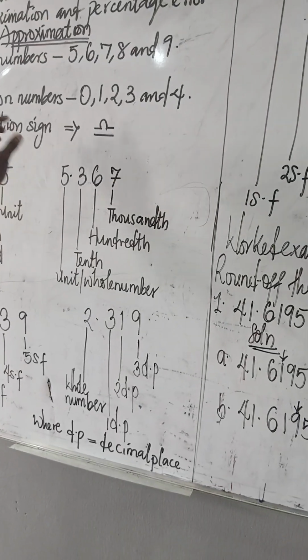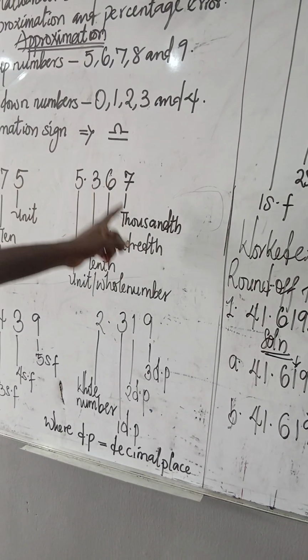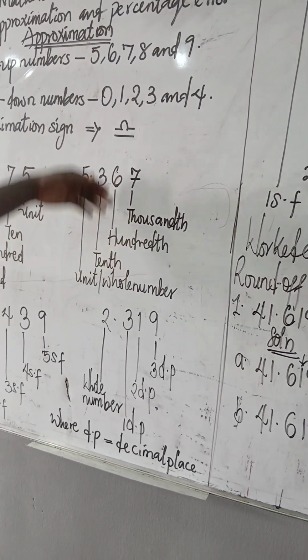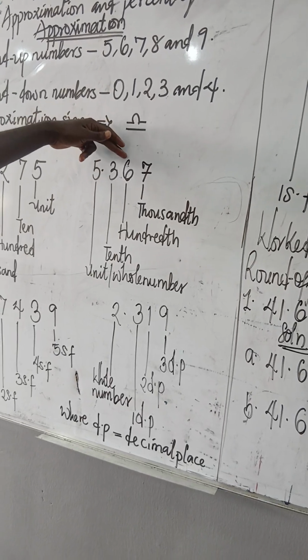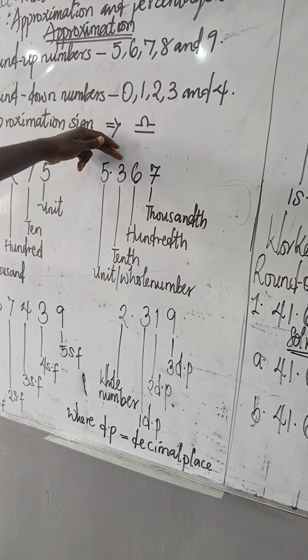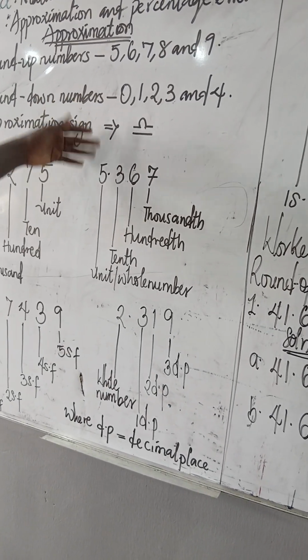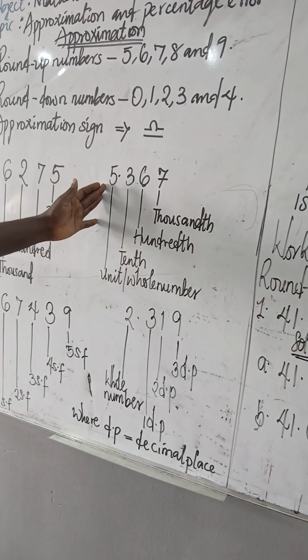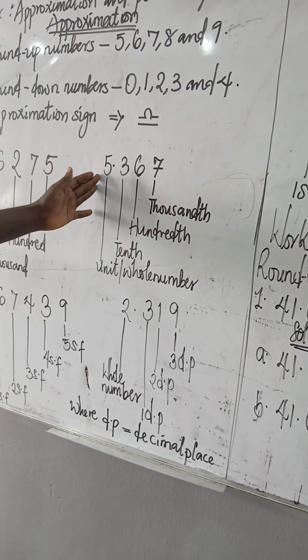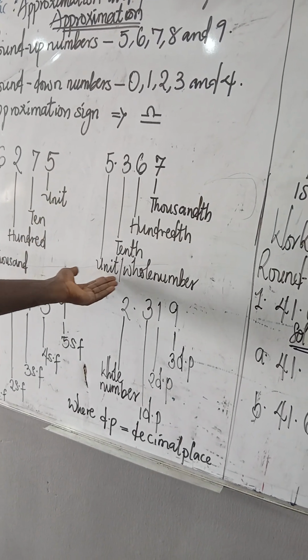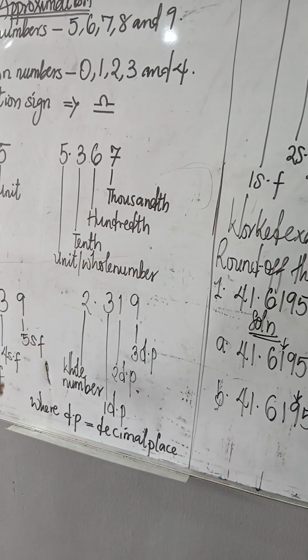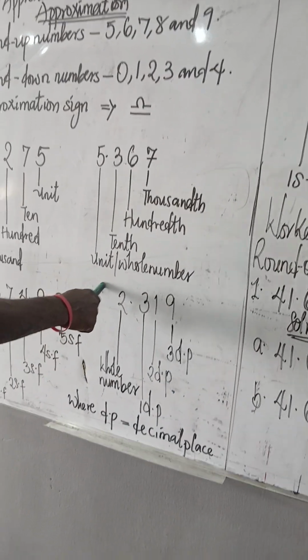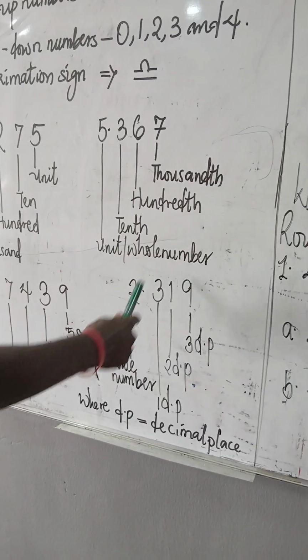Then the other one that contains a decimal point, you have thousands, hundreds, tens, and units. The first value before the decimal point signifies unit or whole number.